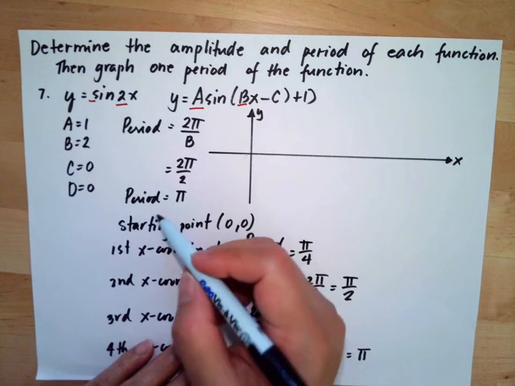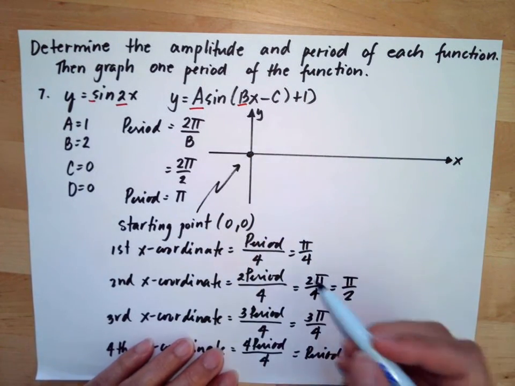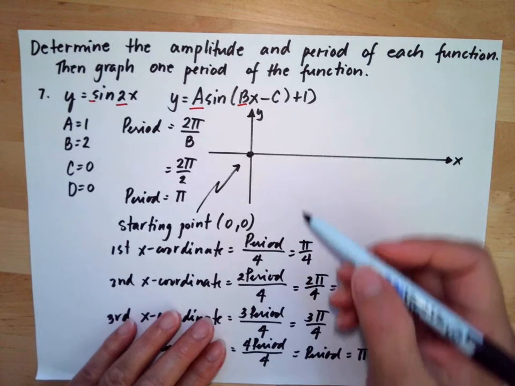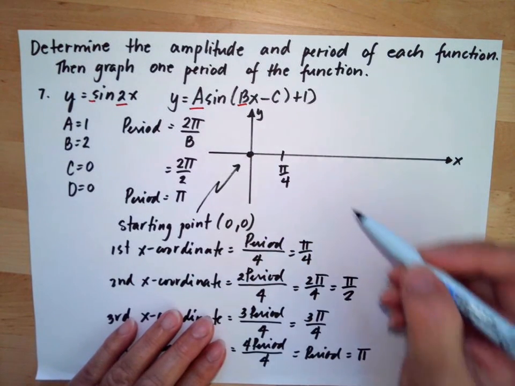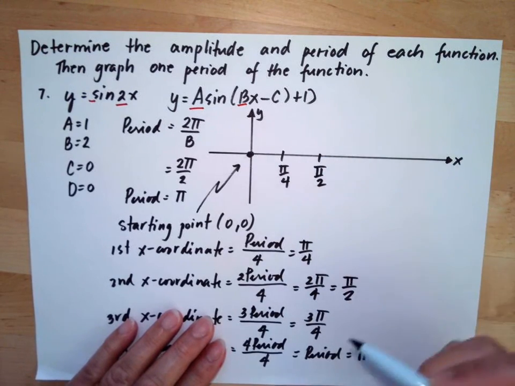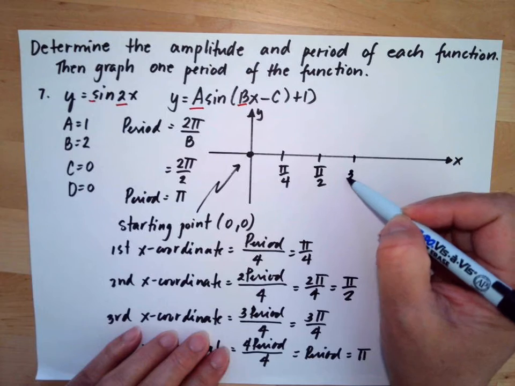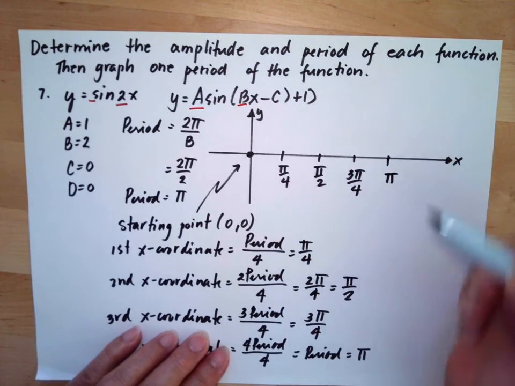So the starting point is the origin. Then our first x-coordinate will be pi over 4. You just estimate. And our second x-coordinate will be pi over 2. The third one will be 3 pi over 4. And the last one will be equal to pi.